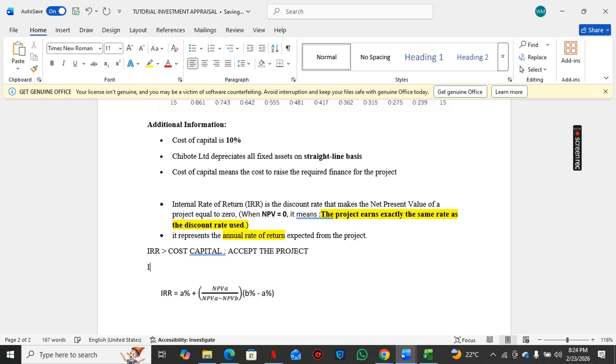But if your internal rate of return is less than your cost of capital, meaning the return you're getting is less than the cost of financing your project, then you reject. Remember, cost of capital is just the cost of financing the project. So this technique is just like an extension of the net present value technique.